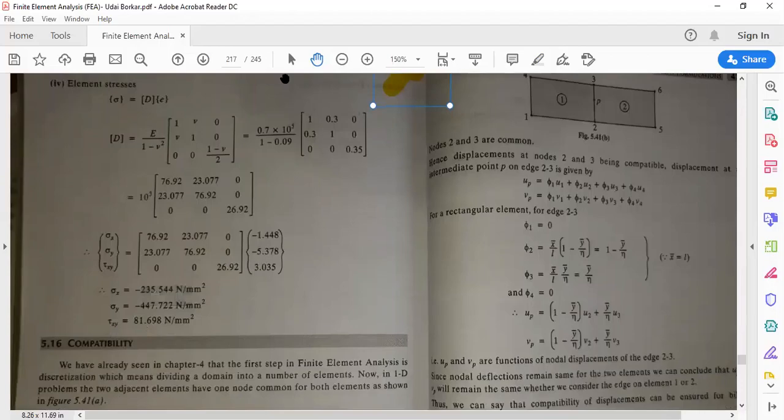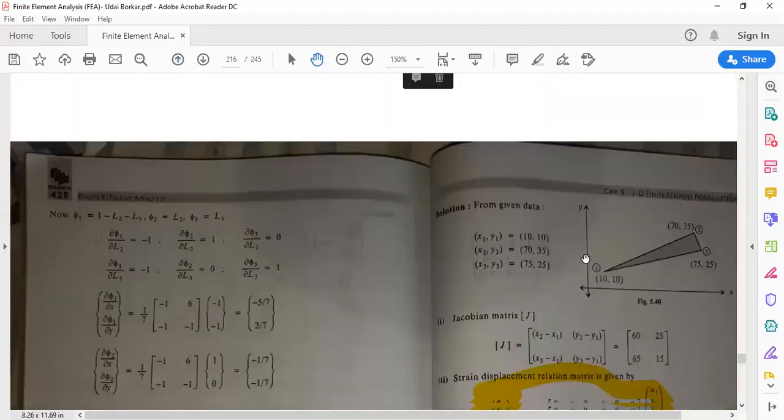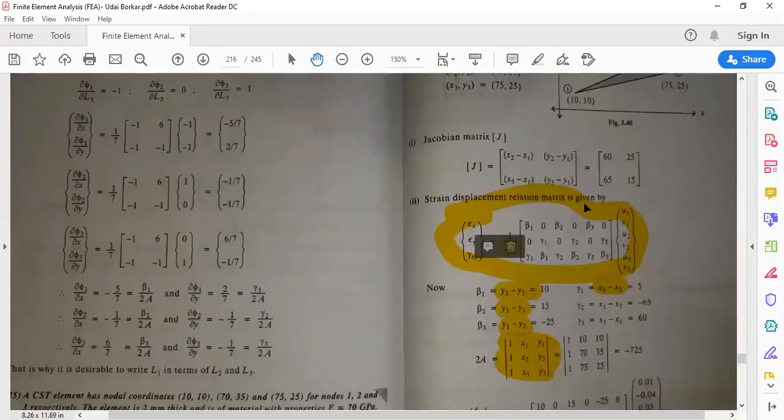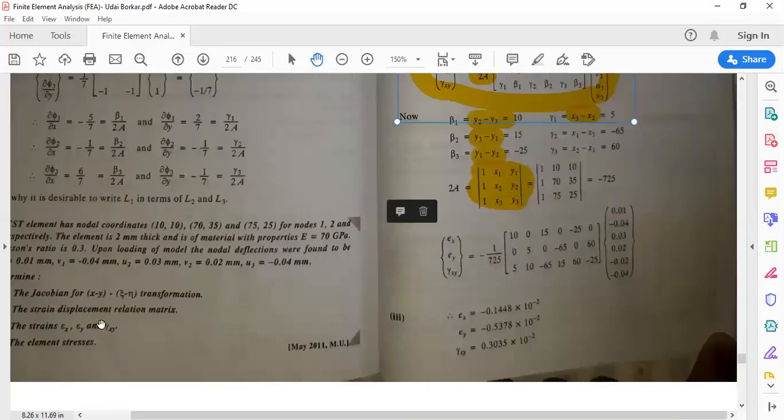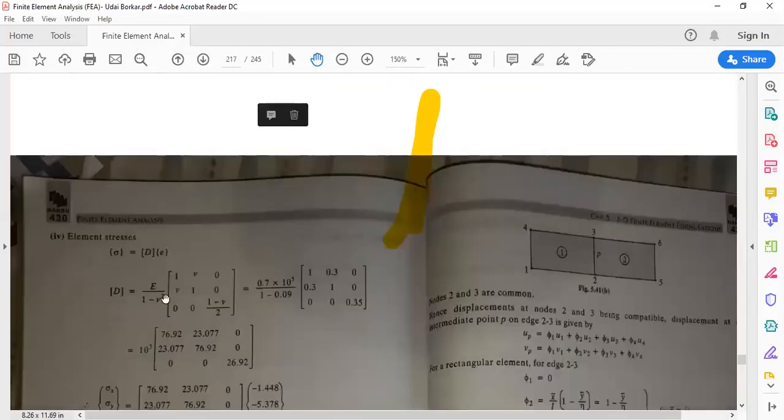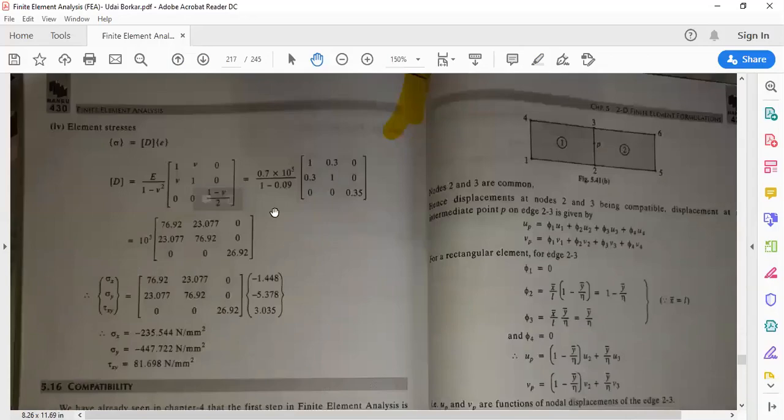Okay, this is how we solve the numerical. Clear? So the Jacobian matrix formula is there, the strain displacement matrix formula is there, then we consider the plane stress condition and solve this numerical.